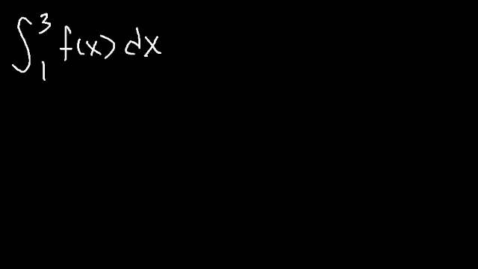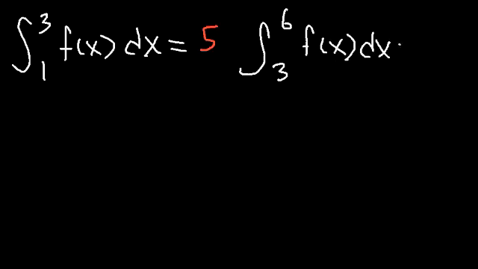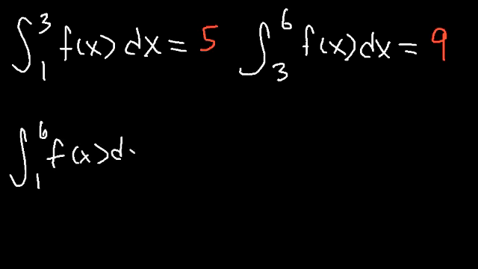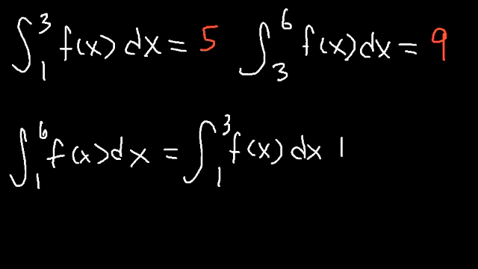Now let's say that the integral from 1 to 3 of f of x dx is 5, and the integral from 3 to 6 of f of x dx, let's say it's 9. So what is the integral from 1 to 6 of f of x dx? The integral from 1 to 6 is the sum of the integral from 1 to 3 plus the integral from 3 to 6.